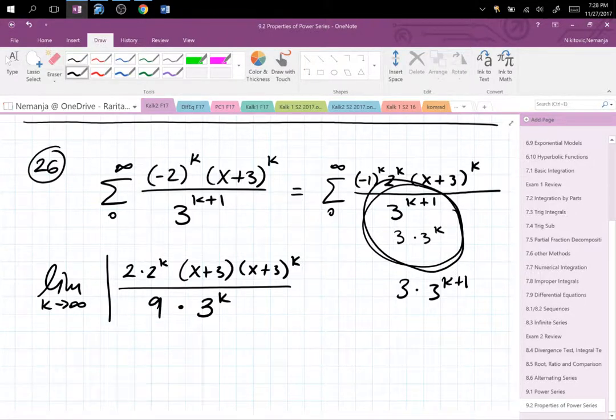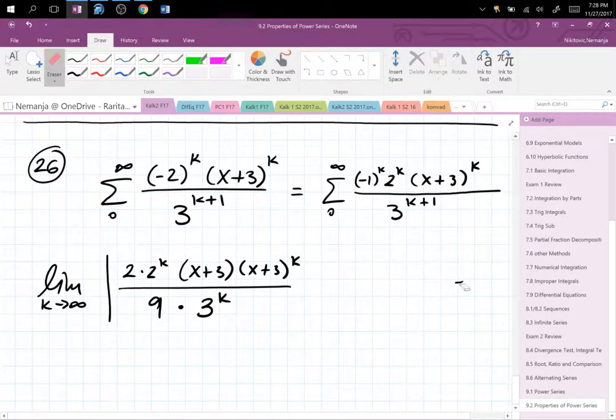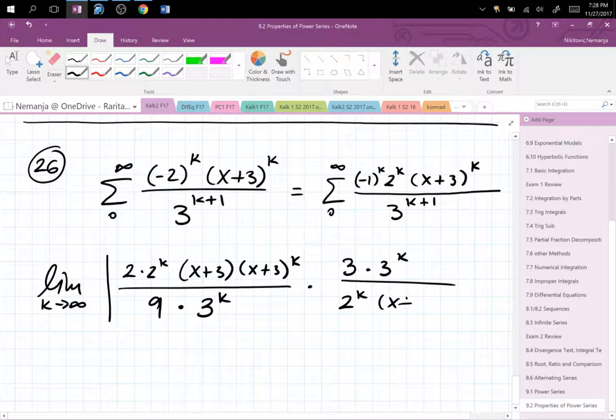Times the flip of the original, peel off, divided by 2 to the k, x plus 3 to the k. Done.